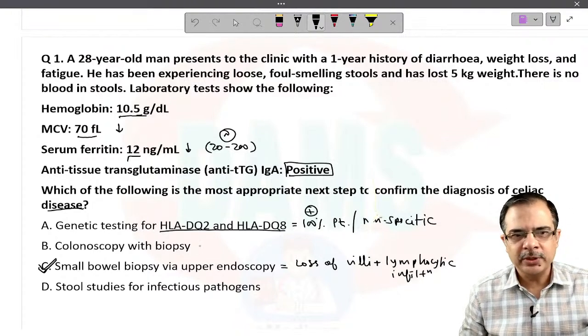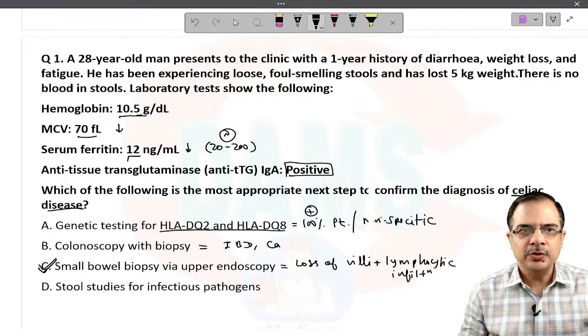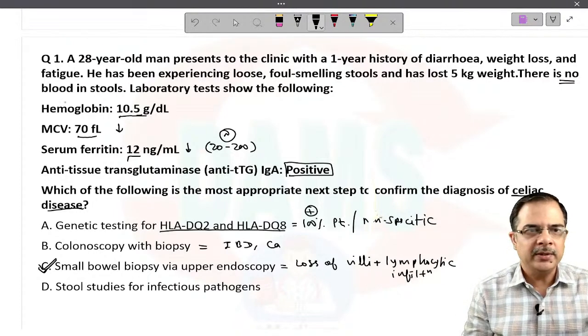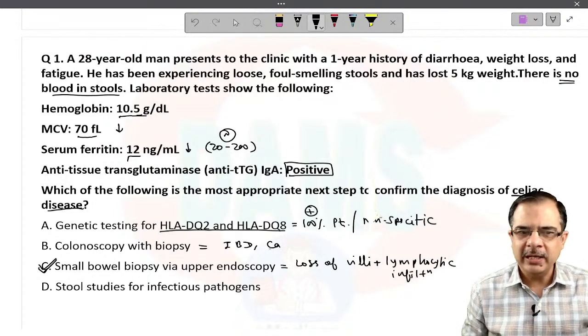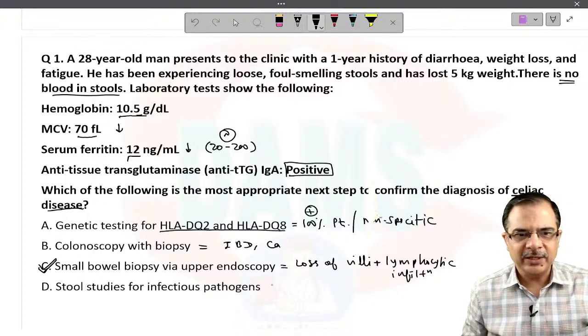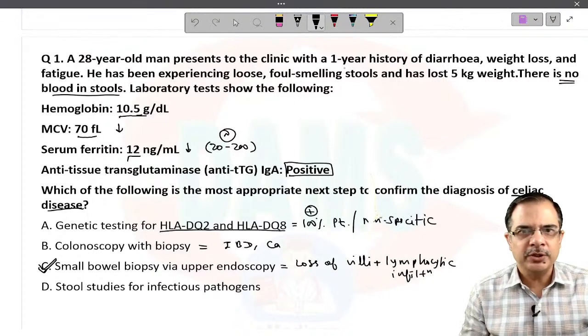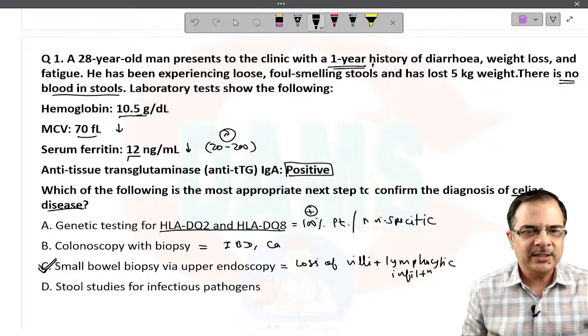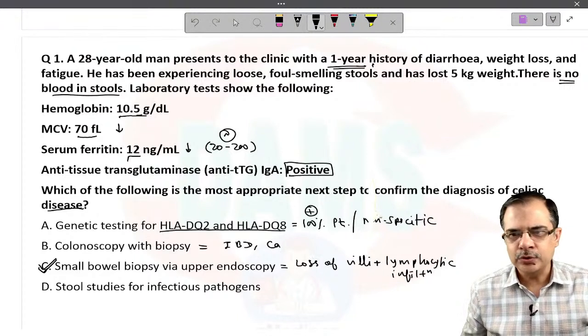Colonoscopy with colonic biopsy is usually done in cases of inflammatory diseases or cancers, but as such there is no evidence because there is no blood in the stools, so that will not be appropriate. Stool study for infectious pathogens: infection for 1 year is highly unlikely. So the best answer here will be small intestinal biopsy with upper GI endoscopy.